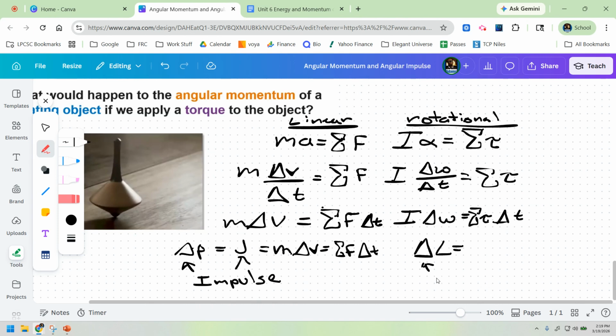For this one, we just still call it impulse. We don't use a separate variable for it, except this is angular impulse. All right, so maybe we'll put ANG in the front. And that's just equal to the rotational inertia times the change in angular velocity, which is also equal to the net torque, the sum of all the torques, times time.